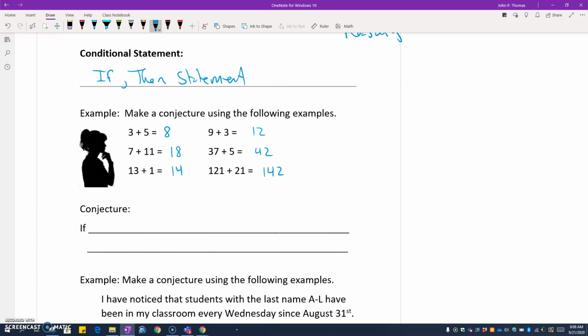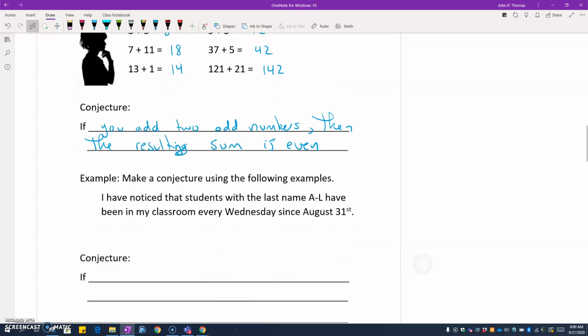So if I was looking at those numbers, one conjecture I might draw is that if you add 2 odd numbers, then the resulting sum is even. So if I add any two odd numbers, we're going to make the prediction that it's going to result in an even sum.